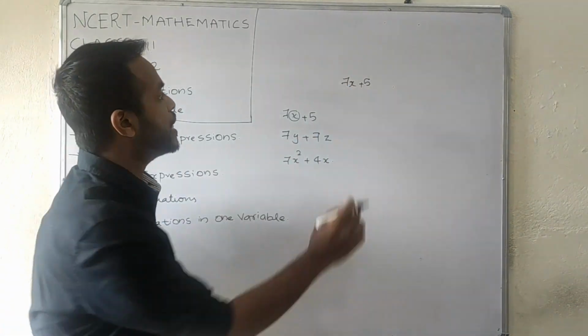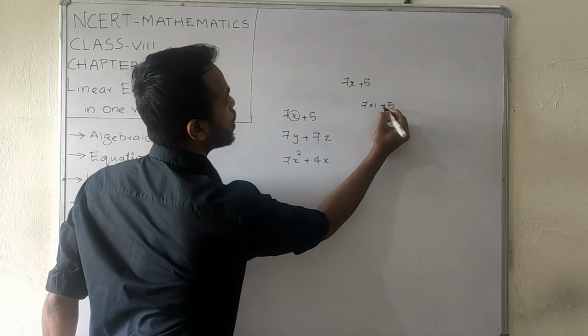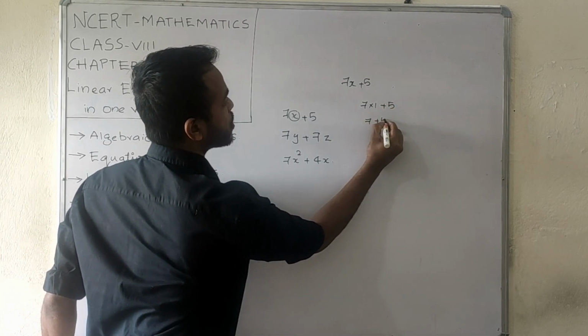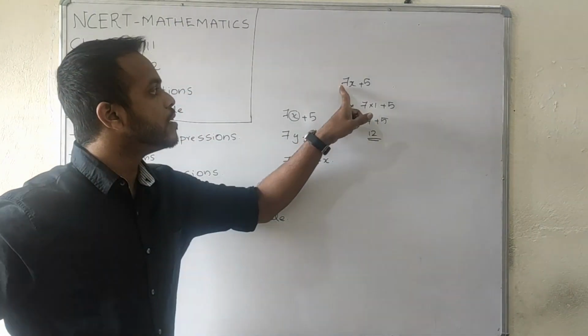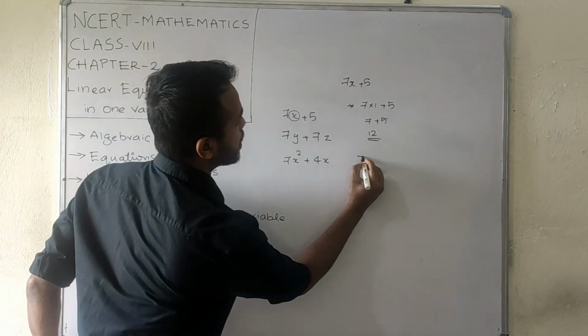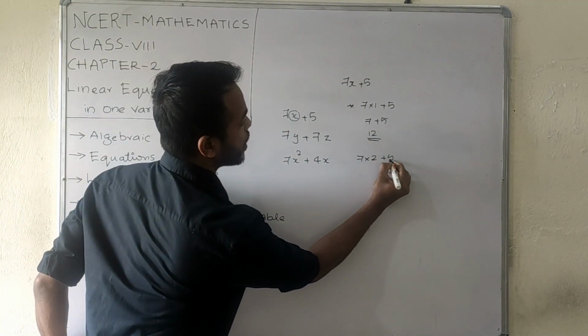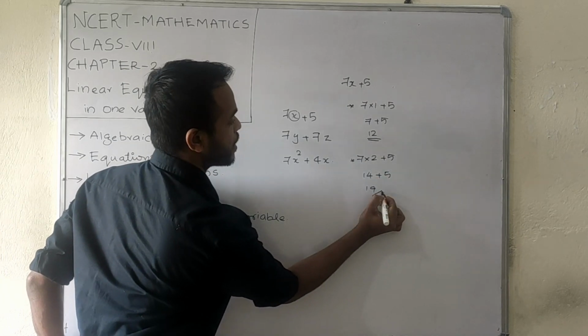For example, if we give x as 1, then this becomes 7 into 1 plus 5, that is 7 plus 5, that is 12. Now, if the number 1 is replaced by 2 in this expression, we will get 7 into 2 plus 5, that is 14 plus 5, or simply 19.